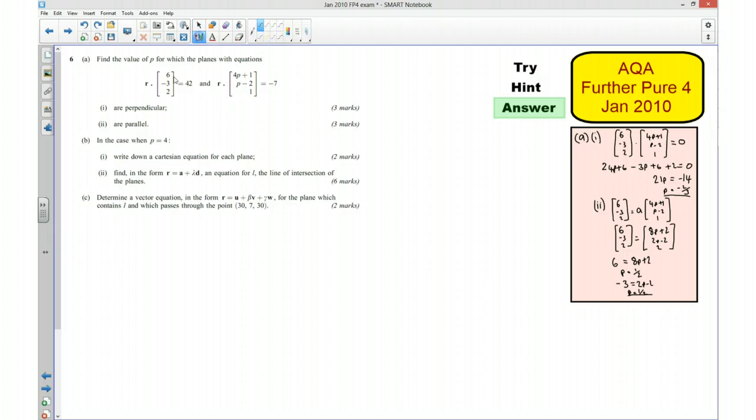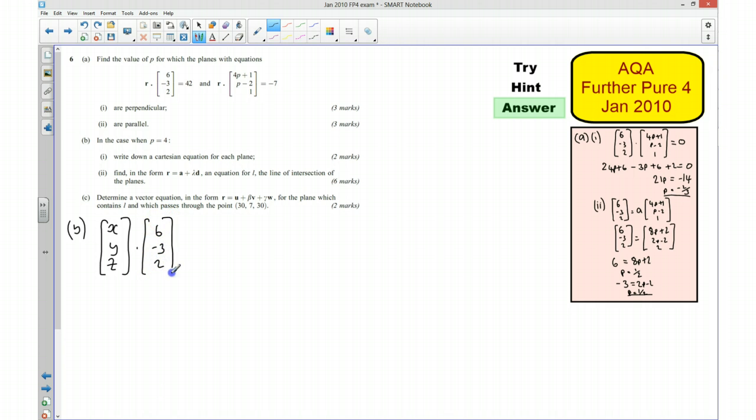Okay, for part B, we're told in the case p is equal to 4, we need to write down a Cartesian equation for each plane. So I'm going to write this as x, y, z equal to 42.